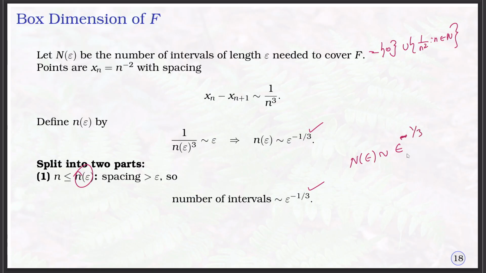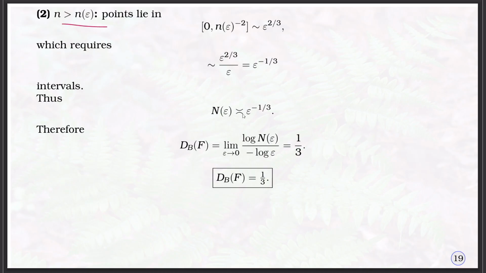Then we need to find the dimension of F by using this relation. One can get the box counting dimension from this relation: ln of the number of boxes over ln of 1 by the size. In the limiting case, epsilon tends to 0, we will get it equal to 1 by 3.